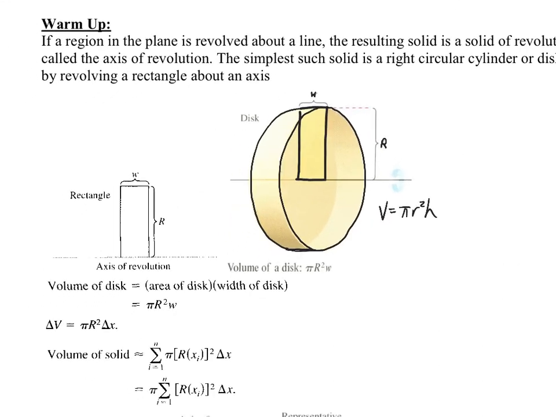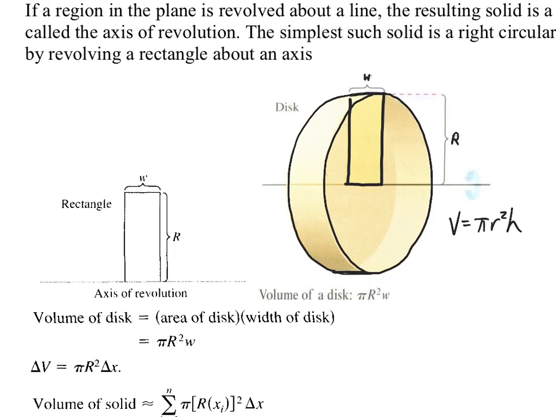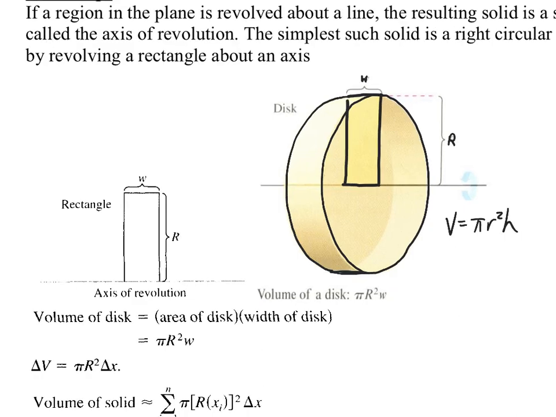Now, as long as this R is constant, that's easy. That's just a normal old cylinder. But let's say that it changed.